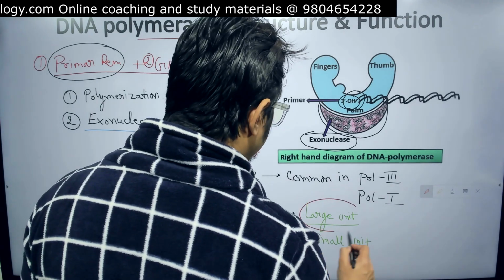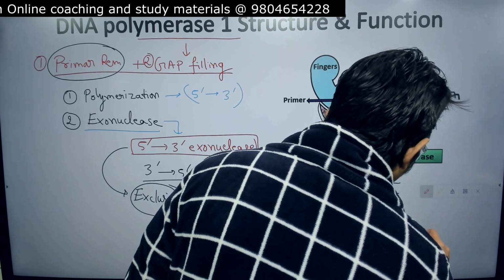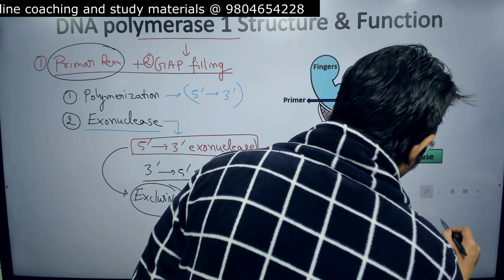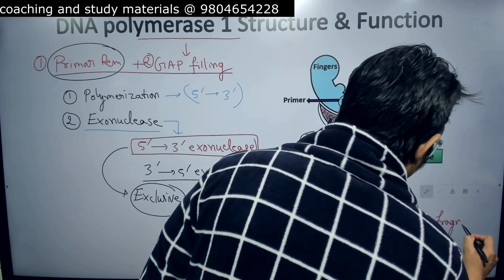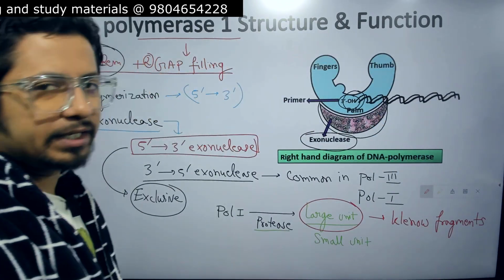The large unit that they will form is also known as the Klenow fragment. And the small unit that they have generated is separated.